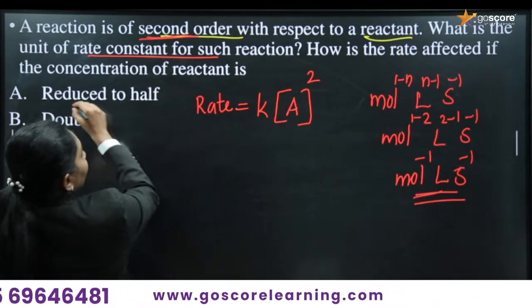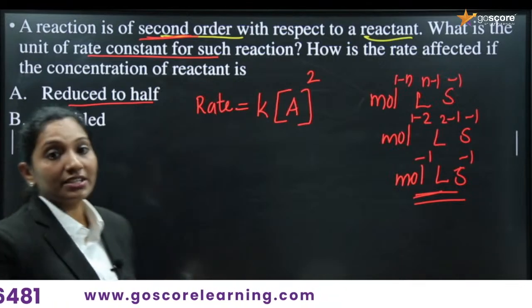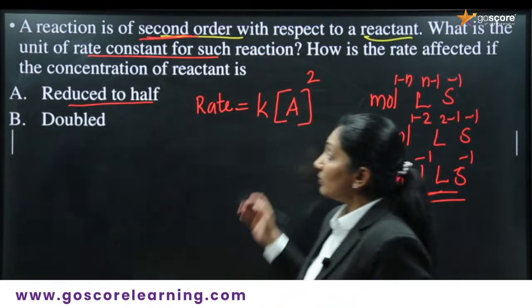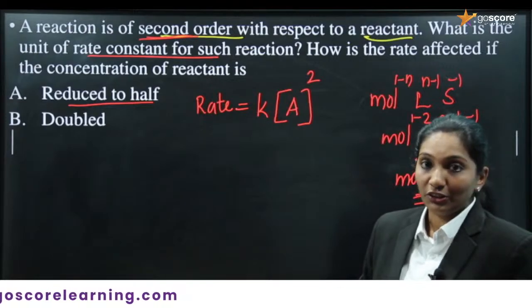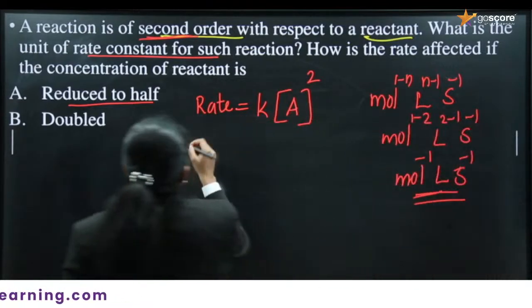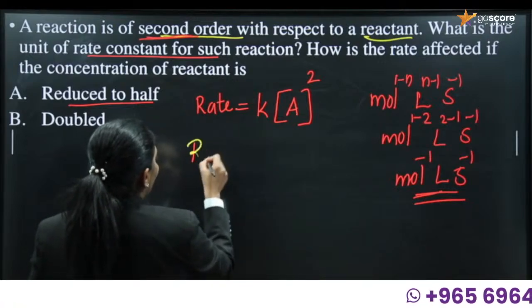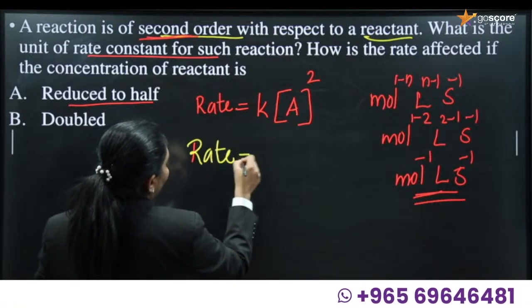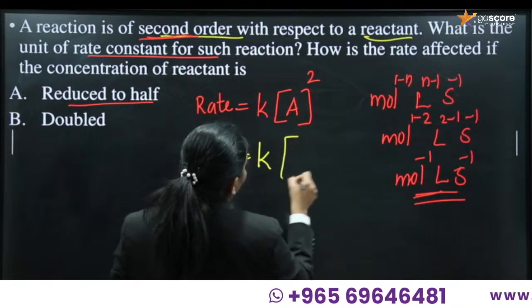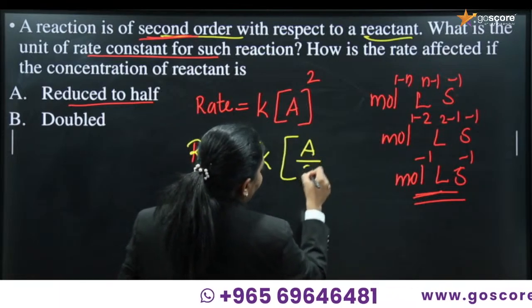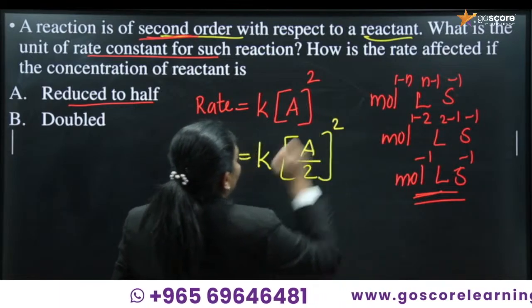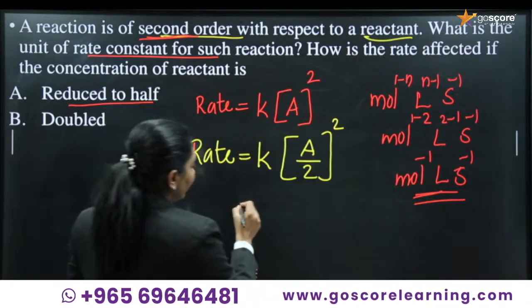Okay, now see how the reaction rate is affected when you reduce the concentration to half. So when we reduce the concentration to half value, rate is equal to K into half, that means A by 2. What will happen to the rate of reaction?